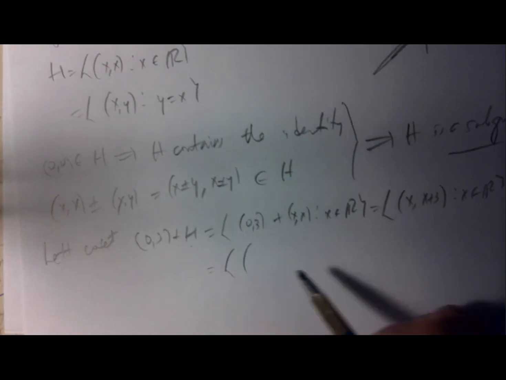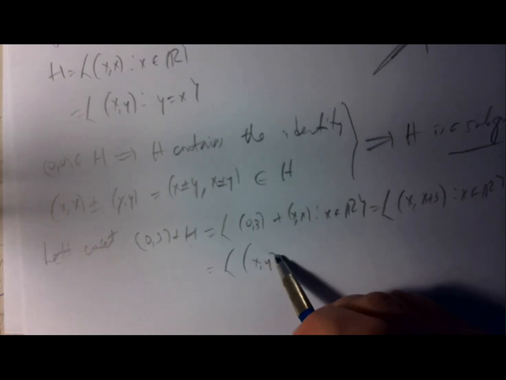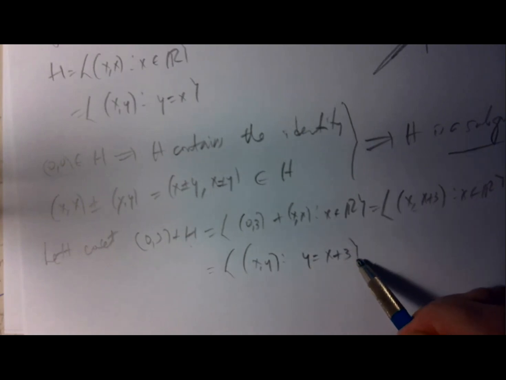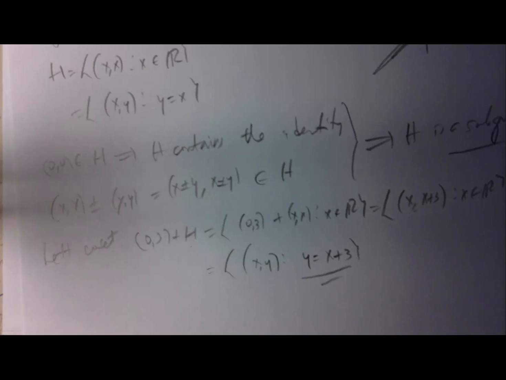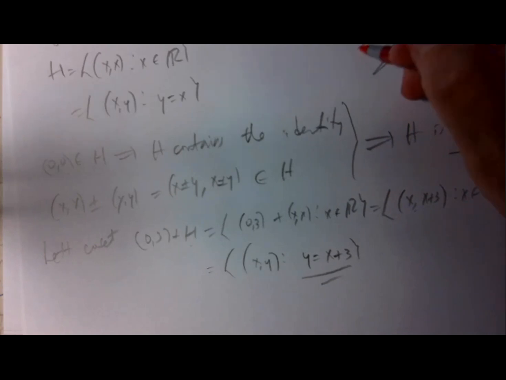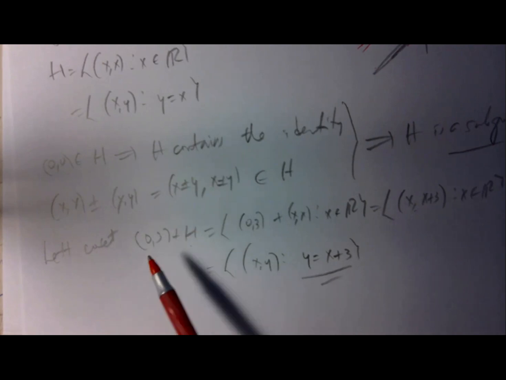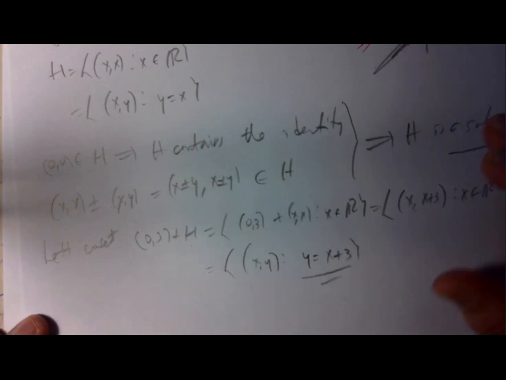Or another way of saying that, that's all points X, Y, where Y equals X plus 3. This is just the line Y equals X plus 3. It's a line parallel to H with slope 1 and y-intercept 3. So this left coset is just a line parallel to H.